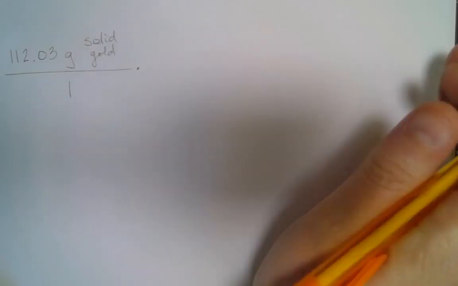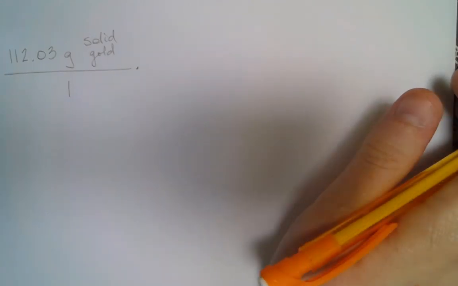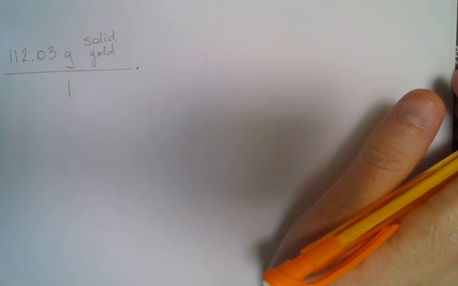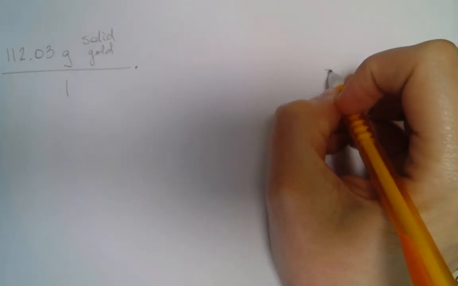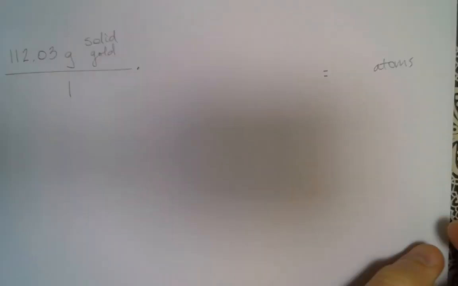Gotcha. I like that you're thinking about the mass. You've got the mass of gold. Perfect. You're looking for atoms. Let's just put what you want over here, like we know we're going that direction. Can we go directly from grams to atoms?